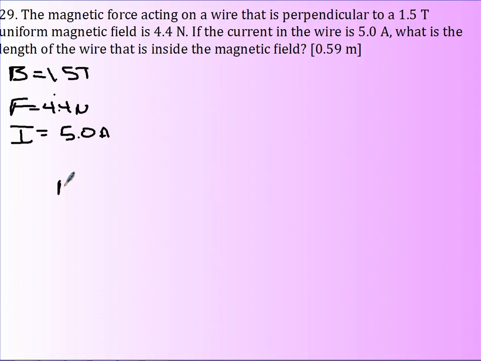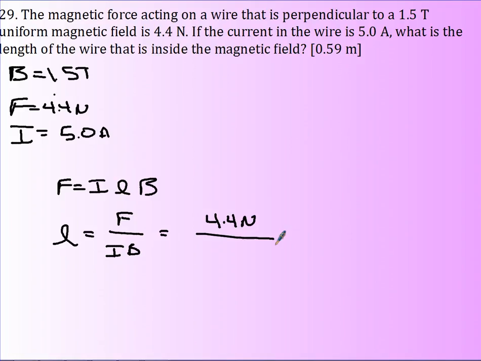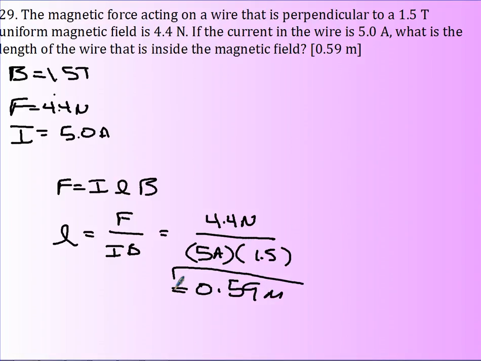All right, I know the force is ILB. We're looking for L. L is force divided by IB. The force is 4.4 newtons. The current is 5 amps. And the magnetic field is 1.5 Teslas. And we get 0.59 meters.